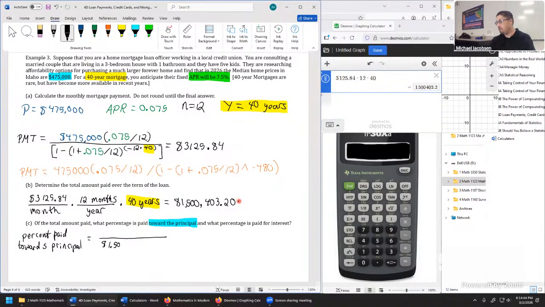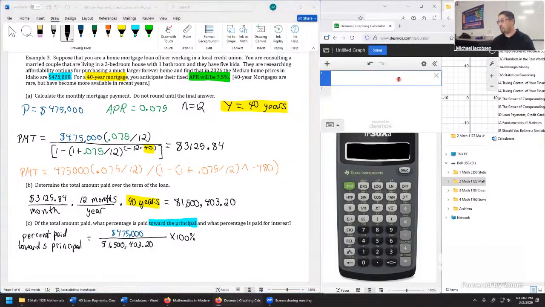So 1,500,403. And let's not forget the 20 cents, every cent matters. That's going to divide into 475,000 even. Then last go times 100%, and we'll get a value out.